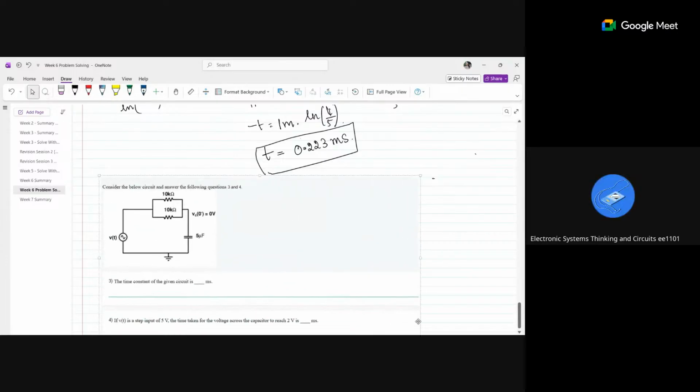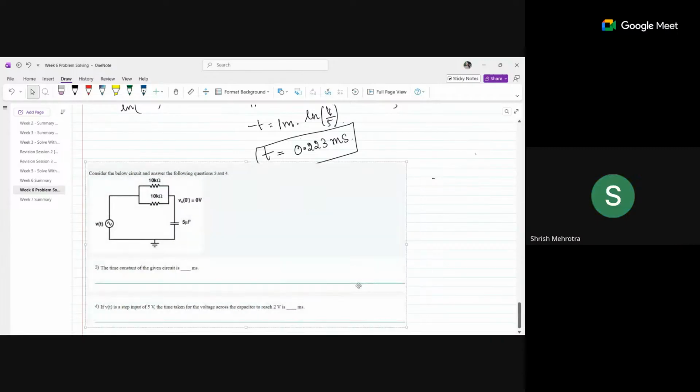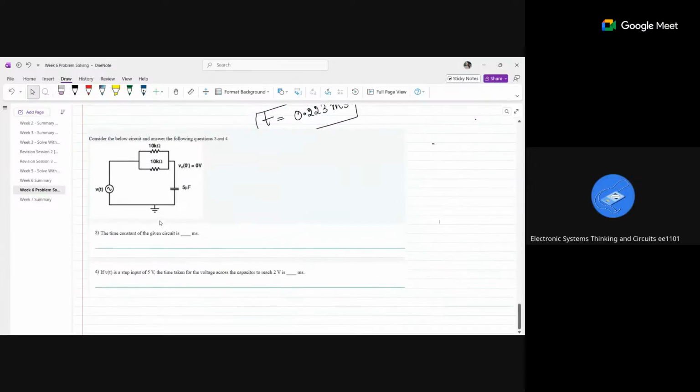Yeah, consider this question. This is the practice assignment. Ma'am, like in the third, it is asking time constant. So it's time constant tau. It's nothing but R into C. Okay, because it is e power minus t by RC, right?